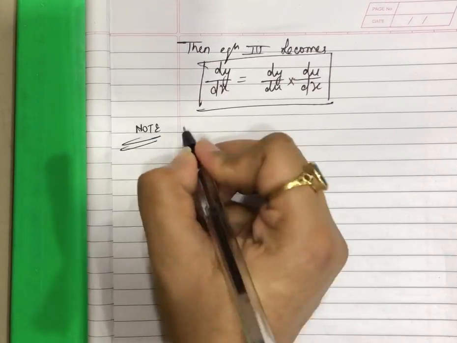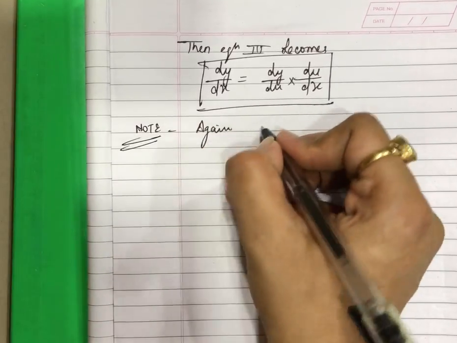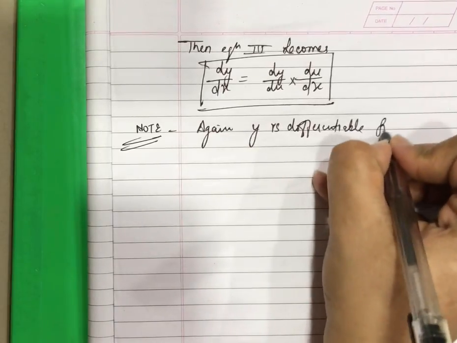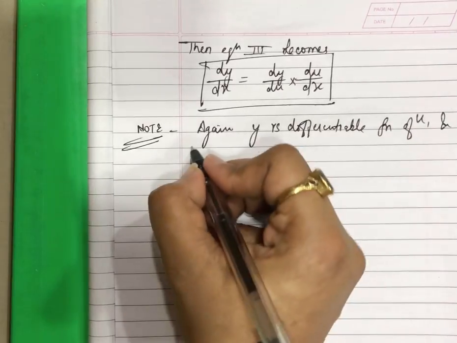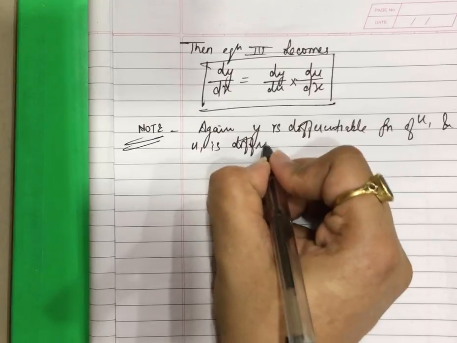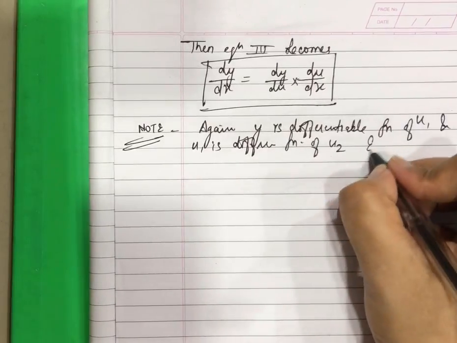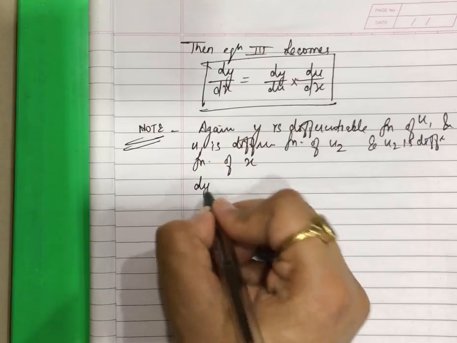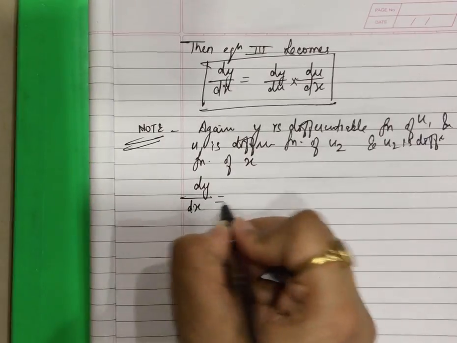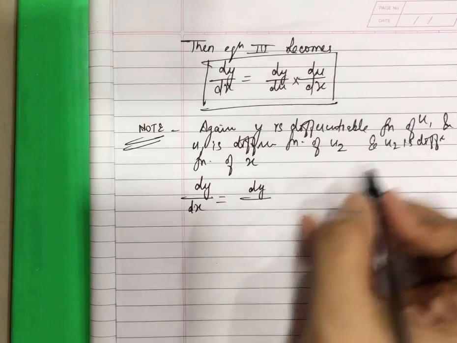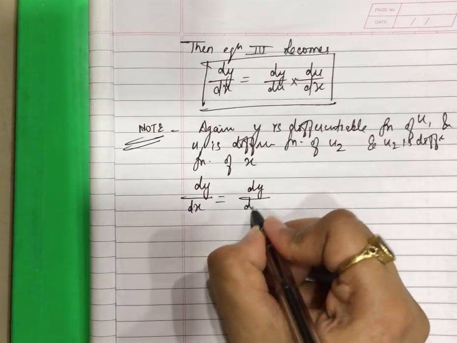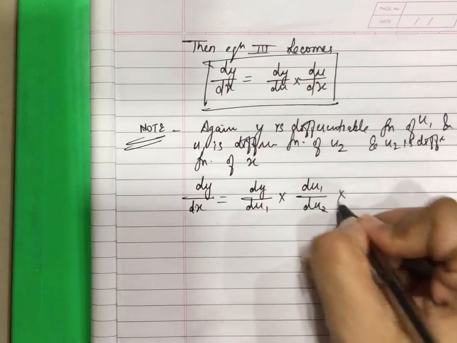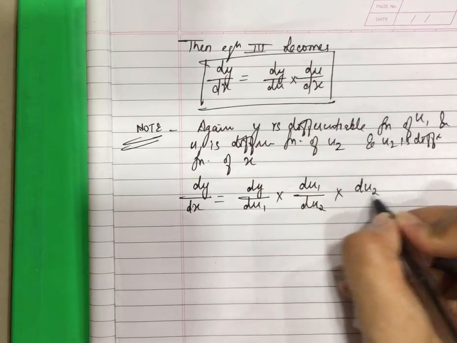Now note, I am giving you again, if y is a differentiable function of u1, and u1 is a differentiable function of u2, and u2 is a differentiable function of x, then by using the same theorem we can write dy by dx is equal to dy upon du1, into du1 upon du2, into du2 upon dx.